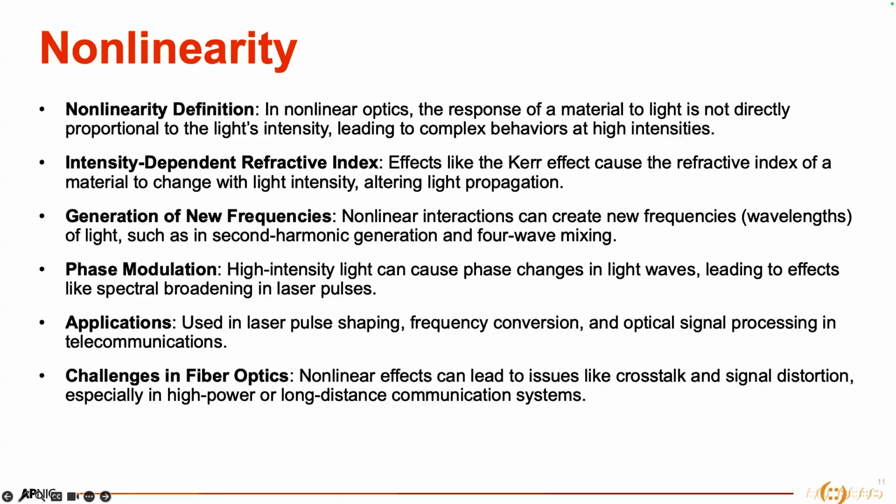It can be cross-phase modulation. It can be four-wave mixing when there are multiple sources of light. Two or more sources of light can come up with a completely new wavelength or new frequency of light at the receiving end, which actually was not intended. So that kind of thing might happen.